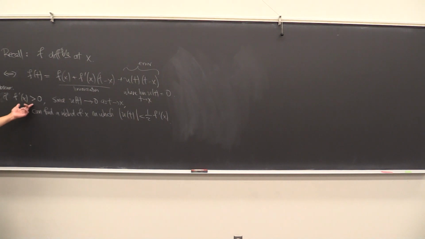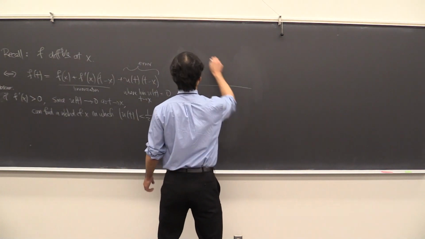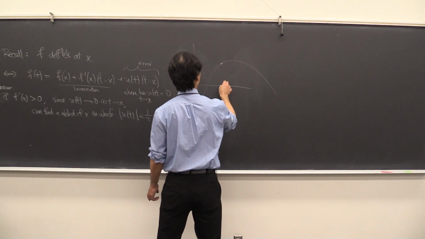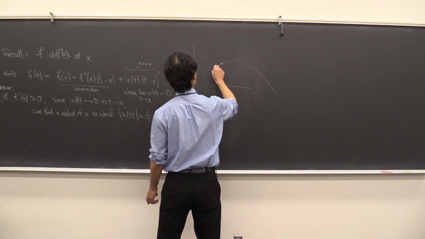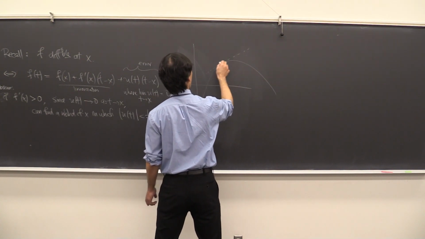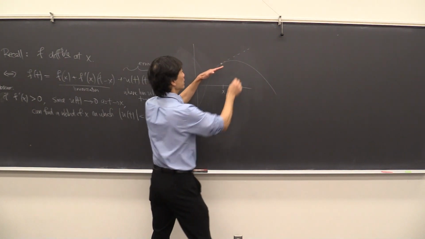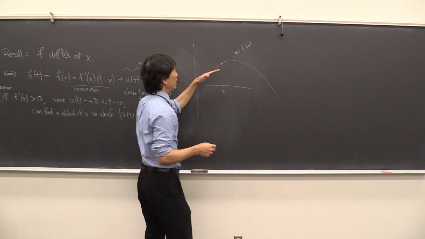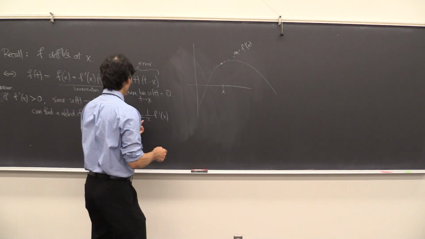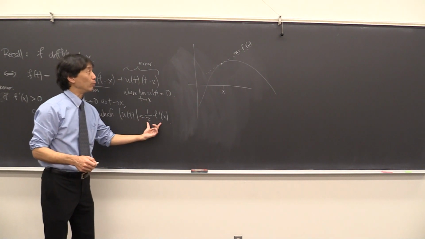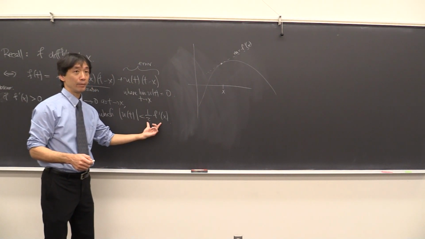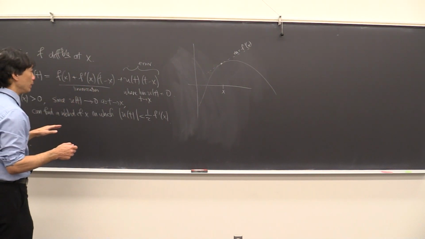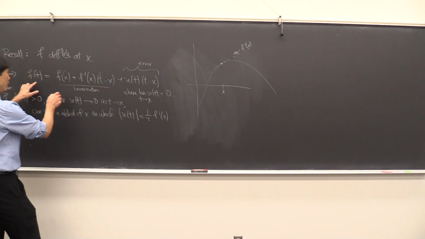So the picture is you have some function. Here's x. Here is the linearization, and f prime of x is some positive slope, and we can choose a neighborhood of x in which u of t is smaller than 1/2 f prime. Let me rewrite this.